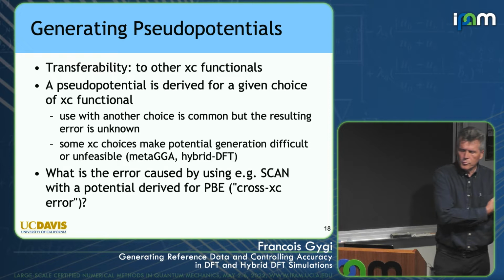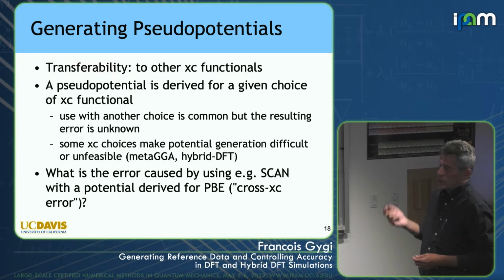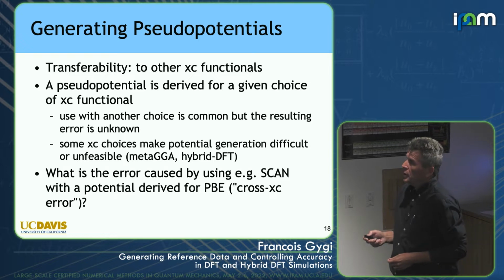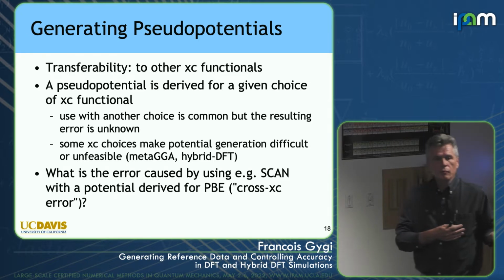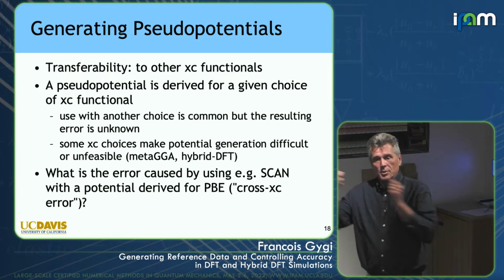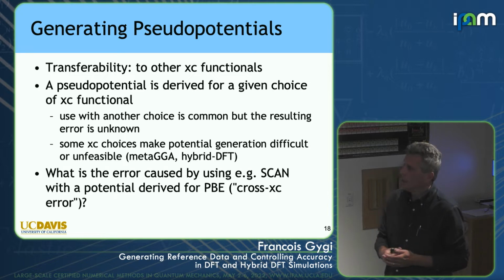The last issue of transferability I want to mention is the transferability to other exchange correlation functionals. By that I mean using a pseudopotential that was derived using one exchange correlation functional in a calculation that uses another. Why would you do that? It's done very often.